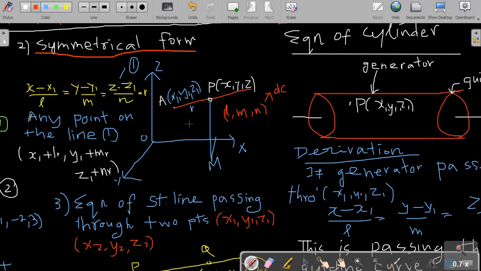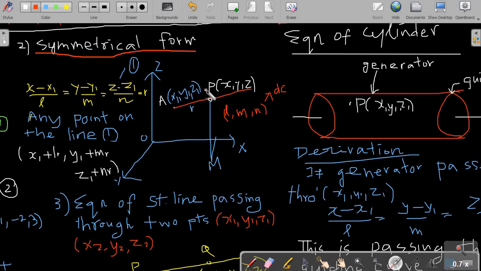How is it obtained? Let us take this: this is the OX axis, this is the OY axis, this is the OZ axis. There are three axes, and this is the origin. In this three-dimensional space, I am taking a point A on this particular line, which is x1, y1, z1, and P is a variable point on this line, (x, y, z).